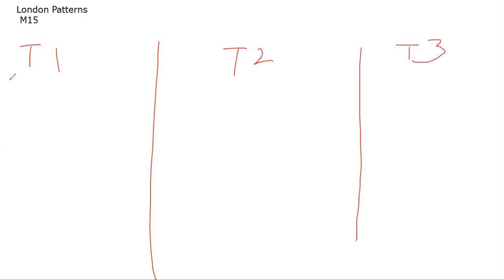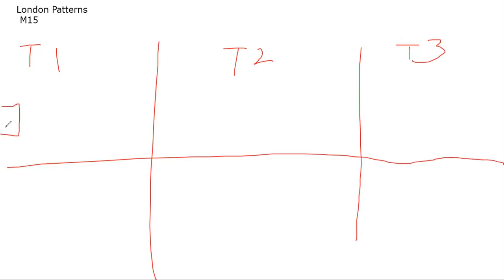So these London patterns: the type 1 is the type that stop hunts above the Asian session, be it stop hunting from the top or from the bottom.